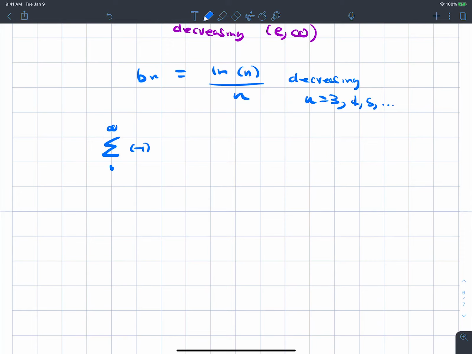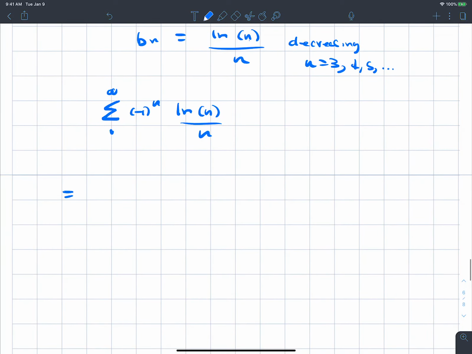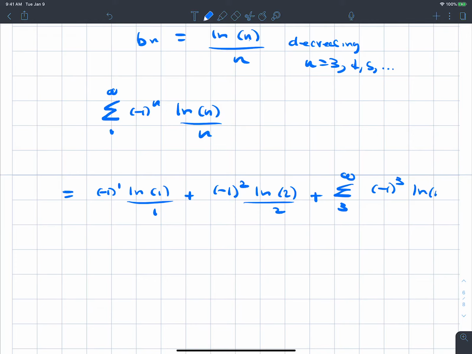We're going to look at this series as follows. Plug in 1. We're going to have negative 1 to the 1, natural log of 1 over 1, plus negative 1 squared, natural log 2 over 2, plus this starting at 3, negative 1 cubed, natural log n over n.